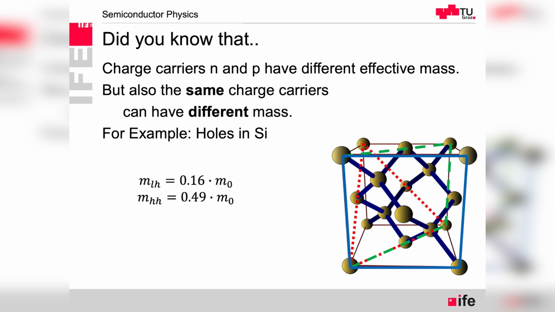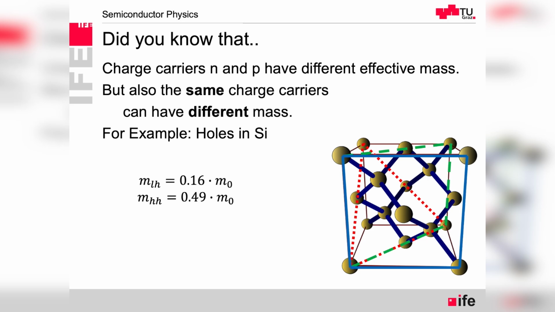And also, what is interesting when we consider the wave vector and the energy, the second derivative gives us the relation to the mass. And because it changes with the wave vector, for different crystal orientations, we will have a different effective mass.